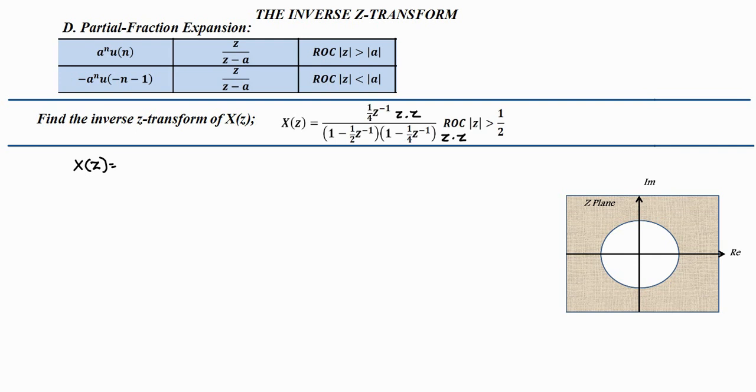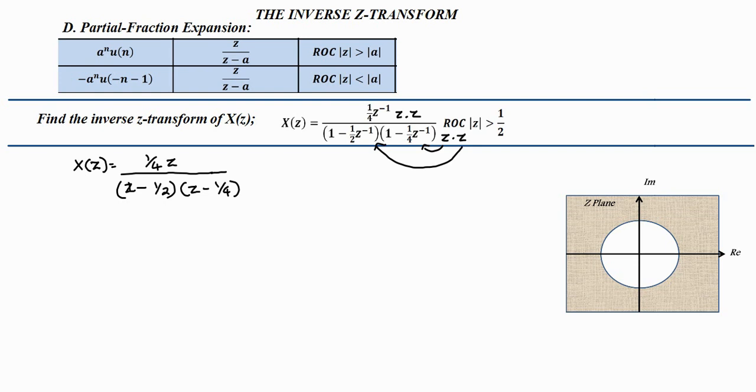Here one z is multiplied with one factor and another z is multiplied with another factor. After that it becomes 1 by 4 z divided by z minus 1 by 2 into z minus 1 by 4.